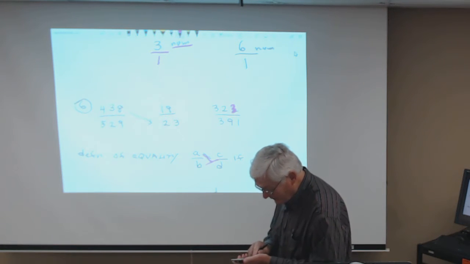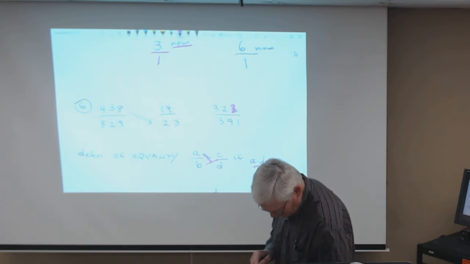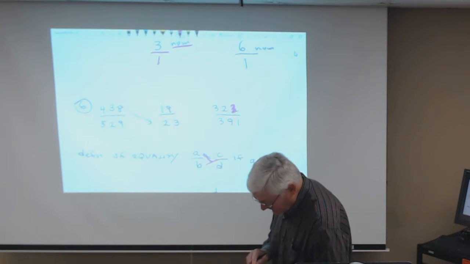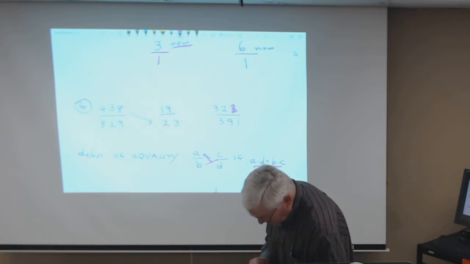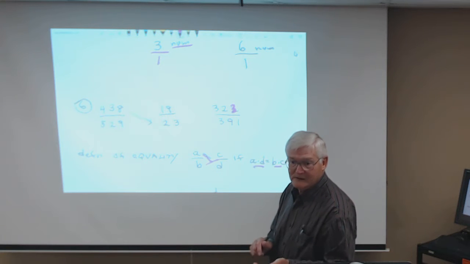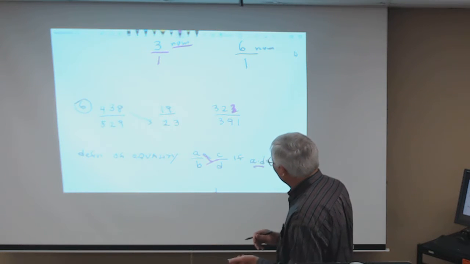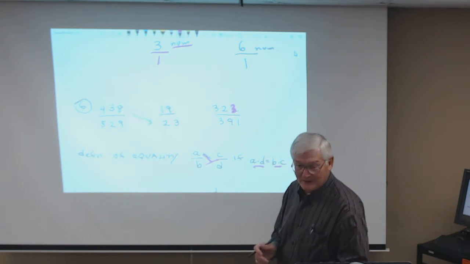Now we go 19 times 391, and it equals 7429. And what's 23 times 323? 7429? Yeah. So make sure you copy the problems down right.